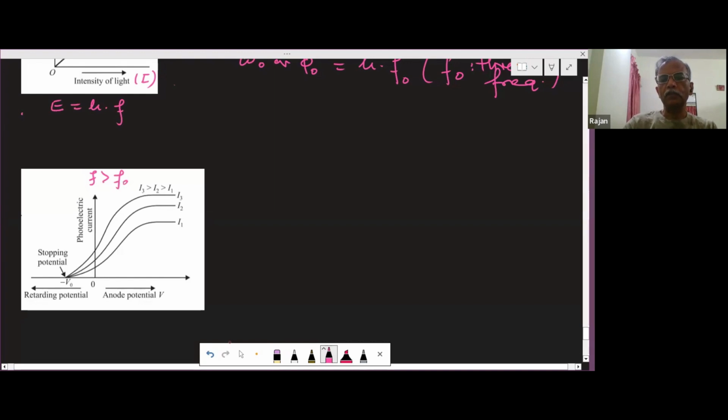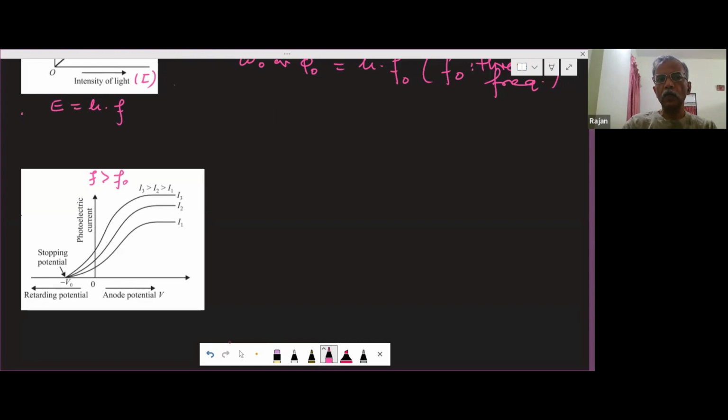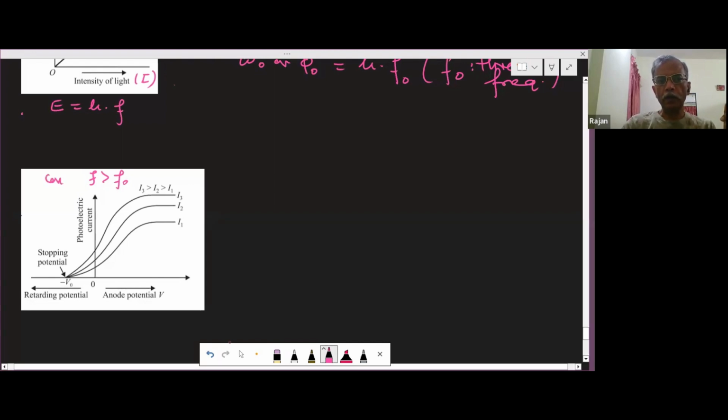Correct? Then only it will happen. Otherwise, not. So for the given frequency, which is greater than f naught, we will have a constant frequency with different intensities of the light. So what I am writing, I am keeping f constant, but this will be greater than f naught.